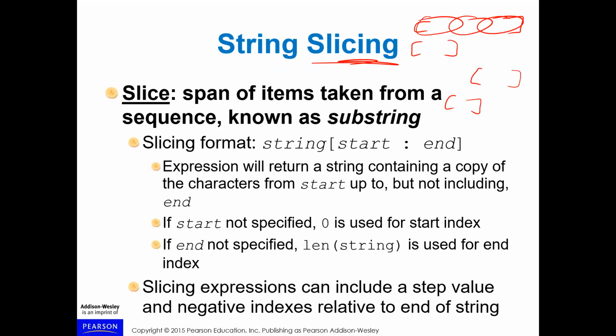A slice is a span of items taken from a sequence, known as a substring. The slicing format is the string, then the start index, the end index, and between them a colon. The colon indicates a range. Usually you would say from 2 to 7, but in Python, you say 2 colon 7, and that's the slicing that takes place.